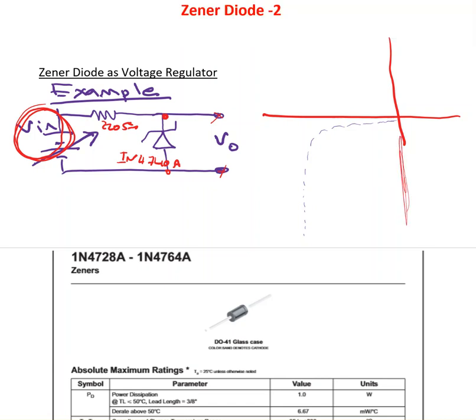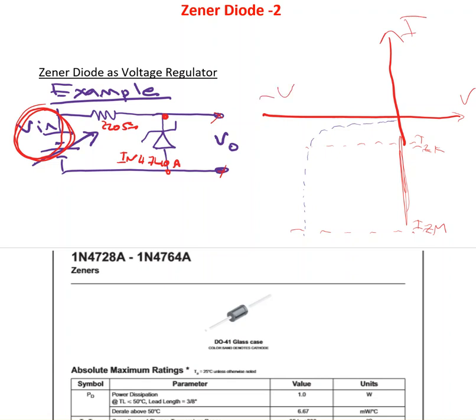I have one current here and one current here, and the first one will be IZK and the other will be IZM. These are the most important currents I have to take care of. Of course, this is our voltage V and this is our current I, and this is a negative voltage.